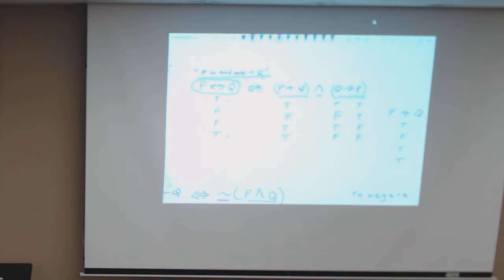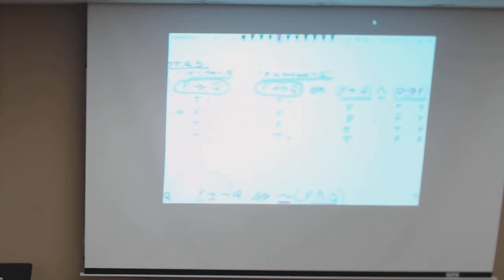And if then, what's the value for if then? When both are true, it's true. When the first one's false and the second one's true, it's what? True. When the first one's true and the second one's false, it's false. And if the first one's false and the second one's false, it's true.